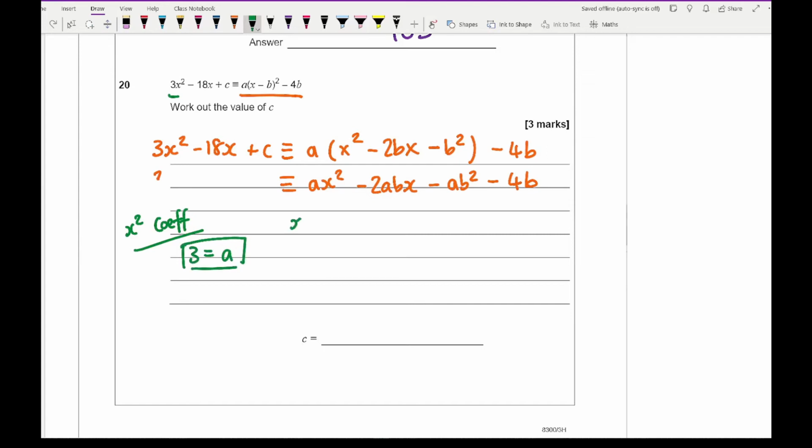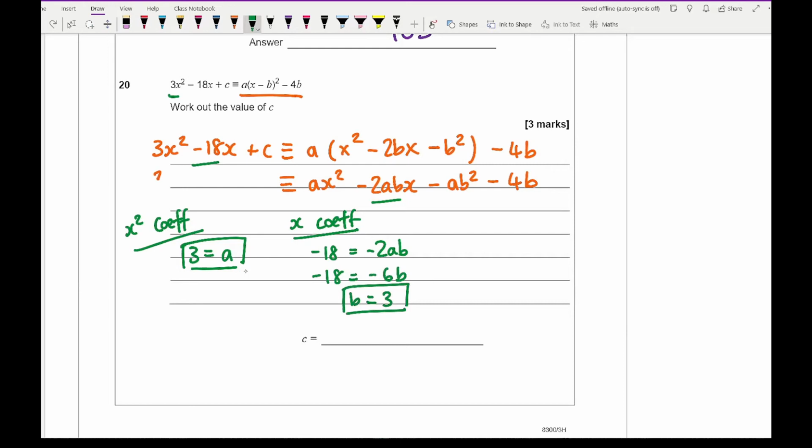Then comparing the x coefficients, I'll do that in a different colour. I've got minus 18 on the left hand side, and things with an x are going to be minus 2ab. I know what a is because a is 3, so that's going to be minus 18 equals minus 2 times 3 times b, which is minus 6b, so b equals 3.